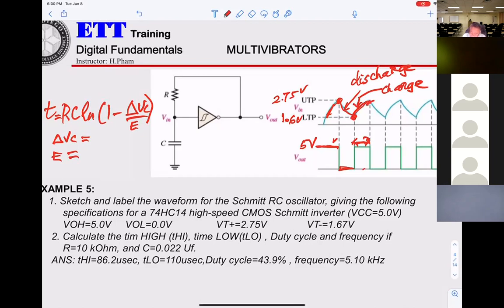So delta VC means the capacitor voltage charging, the difference between 2.75 and 1.6.